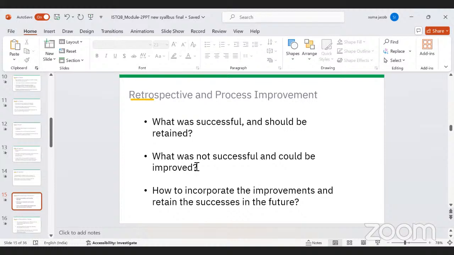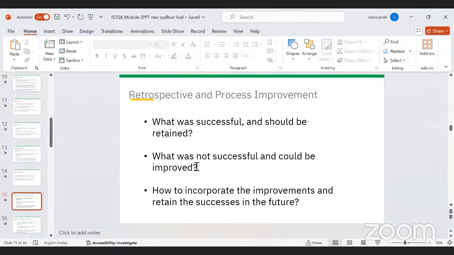For example, in a retrospective, the team identifies communication breakdowns between the development and testing team, which led to a delay in resolving defects. So they discuss strategies for improving the communication channels and collaboration, so that it could be improved in the next sprint or iteration.